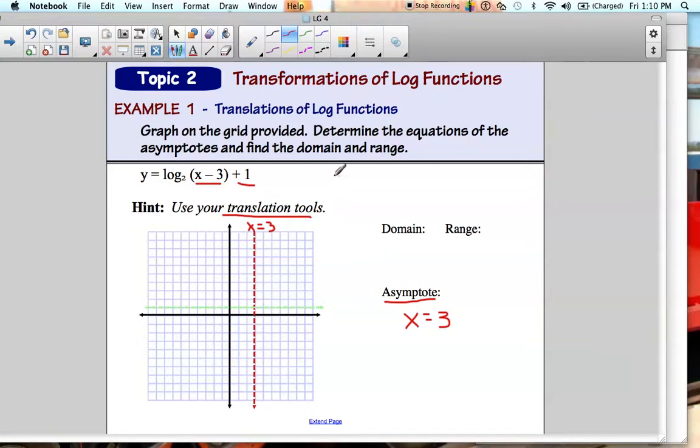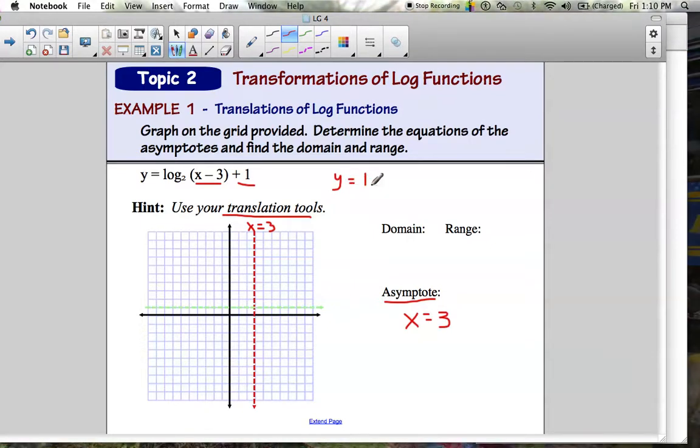So what I'm left with is the basic function of y equals log 2 to x. Okay, that's all I've done.